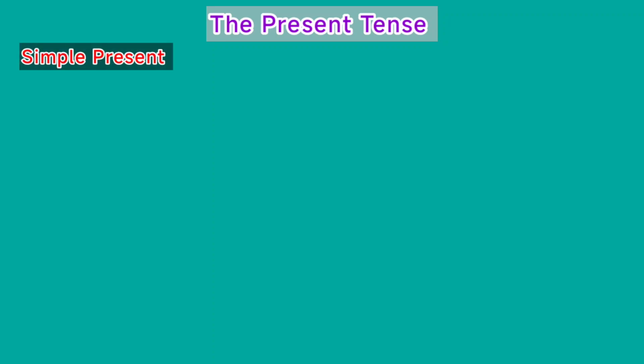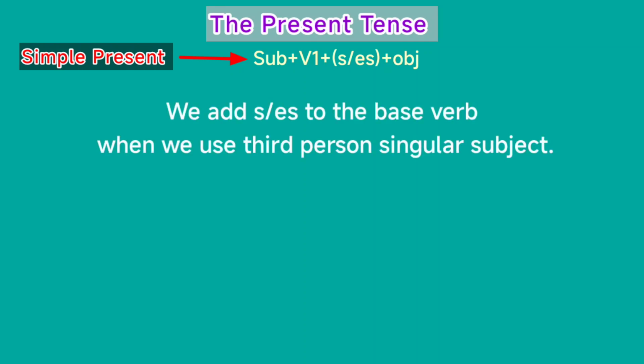Simple present tense is used in multiple situations. Before seeing the cases in which we use simple present tense, first let us see the structure of the simple present tense. Simple present tense is written with the subject plus V1 plus S or ES plus object. Here S or ES is added when we use a singular subject.